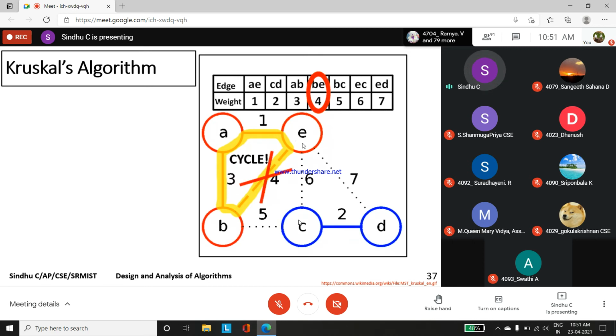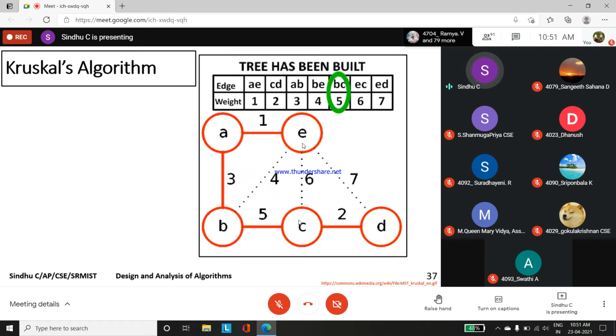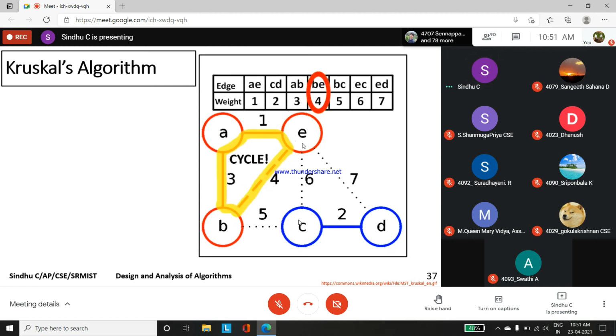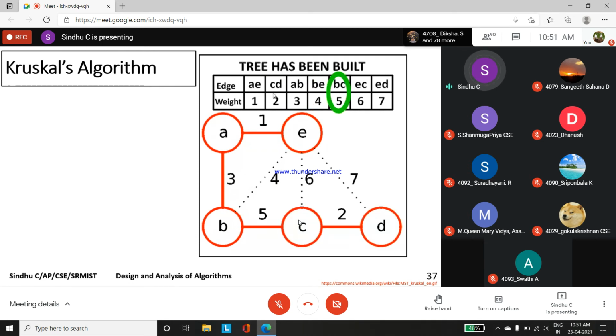So the steps for how this Kruskal's algorithm works is, first of all, the given edges are sorted based on the weight. That is the first step. Then you keep picking each and every smallest edge to your tree. And once it forms a cycle like this, then you ignore that edge.